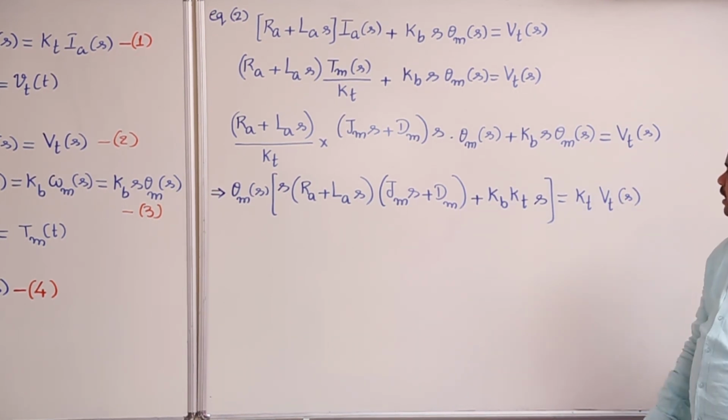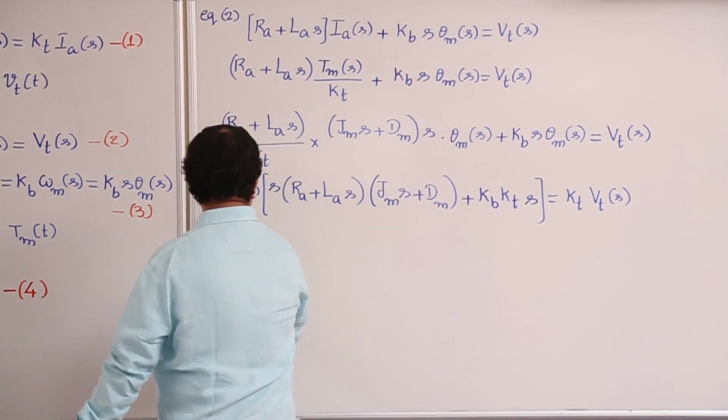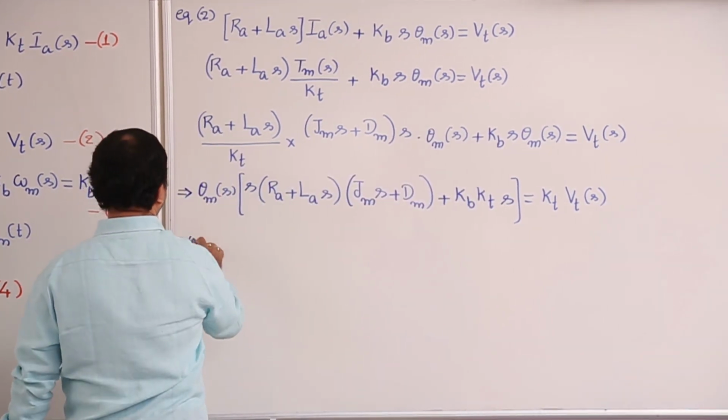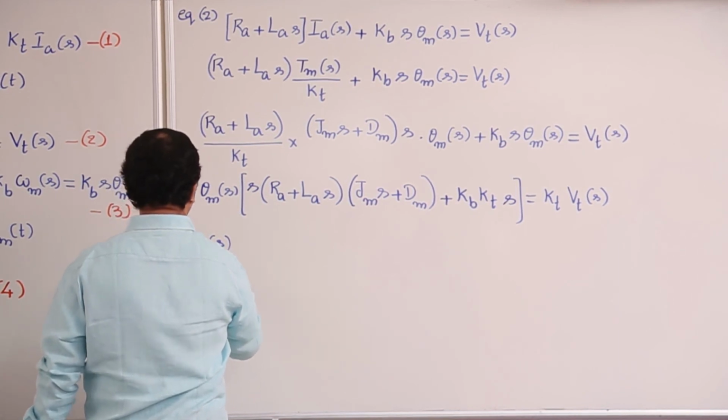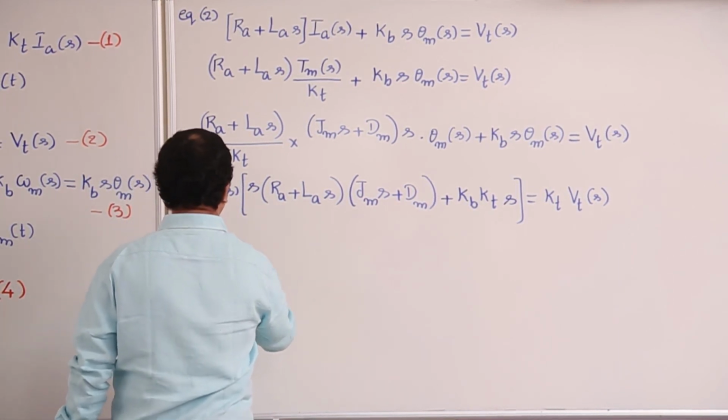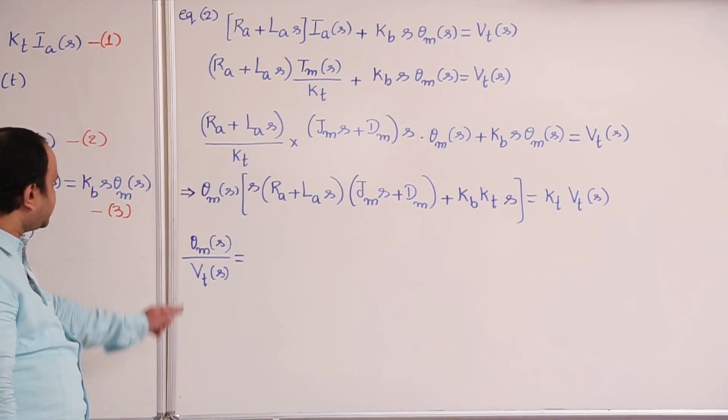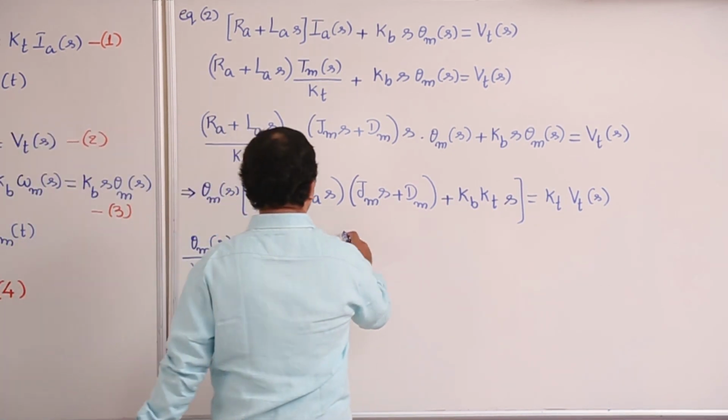Now from this you can express theta m of S divided by Vt of S. Now you can take a ratio. This is the final step.